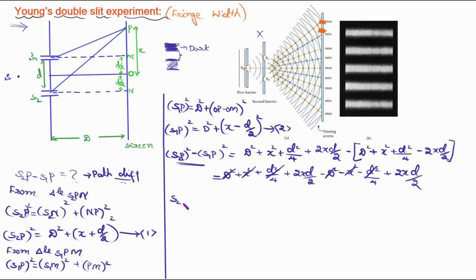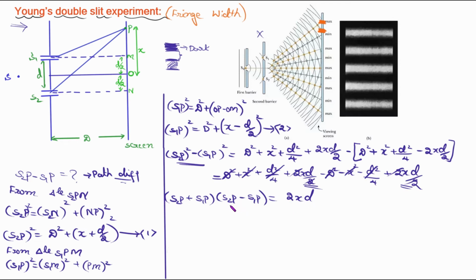So I'll write (S2P plus S1P) into (S2P minus S1P) is equal to only this, and this thing is remaining. So this 2 cancels, 2 and 2 cancel here, 2XD comes. Alright, we have got 2XD.